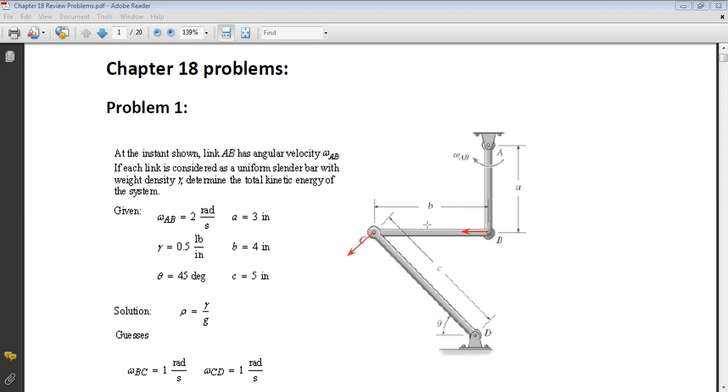So I know the direction of two velocities. To find the IC, I draw first the perpendicular to VB. This is the perpendicular to VB. Then I draw the perpendicular to VC, which is CD. The intersection point between the two will be the IC.